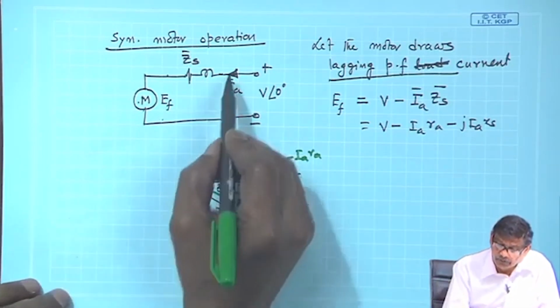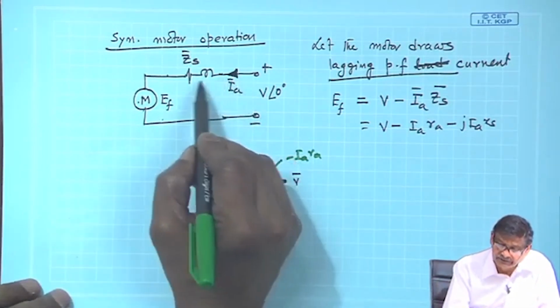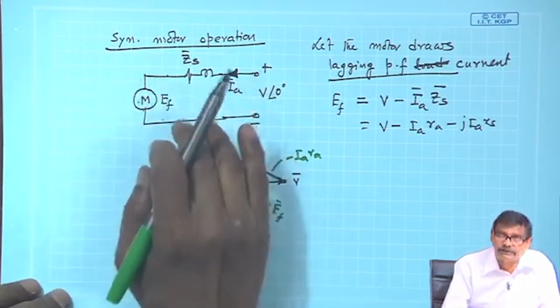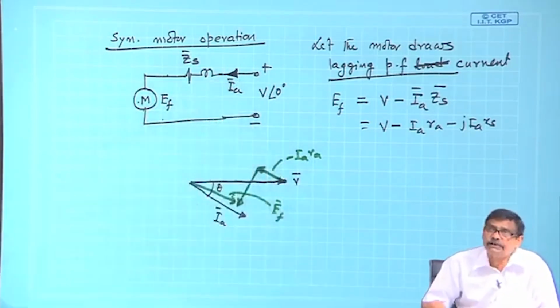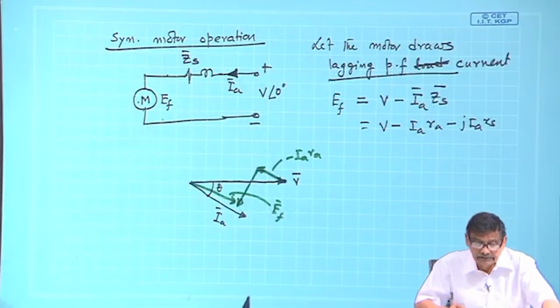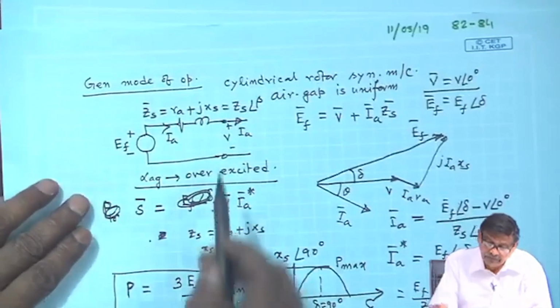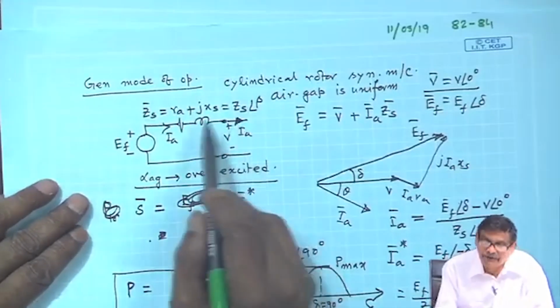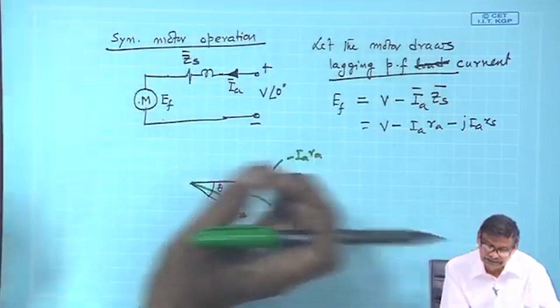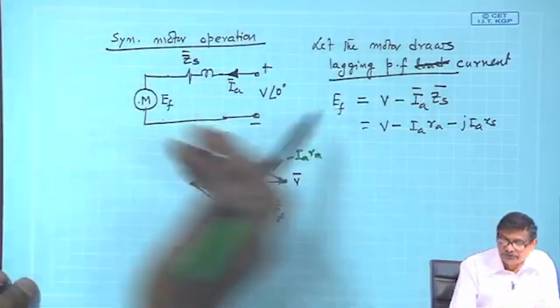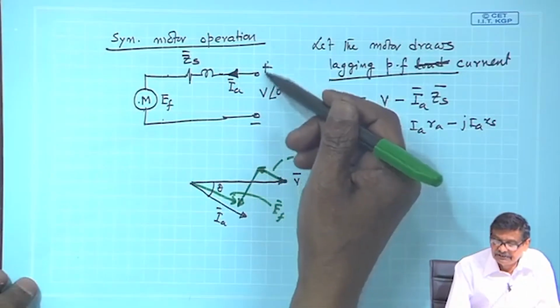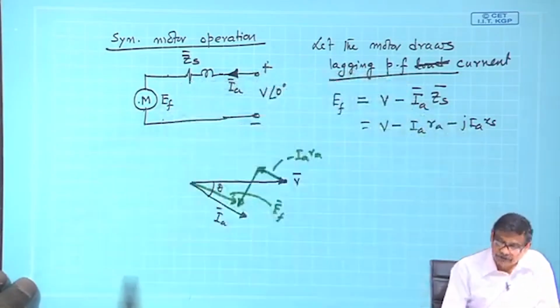In motor mode of operation, it is essential to draw the phasor diagram this way, at least this is the convention I will follow. In case of generator, V delivers power to the outside world. In case of motor, it draws power from the source, so it should be consistent with the supply. So, IA I have drawn like that.